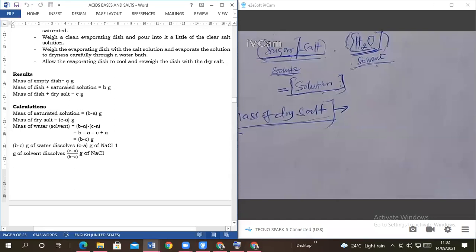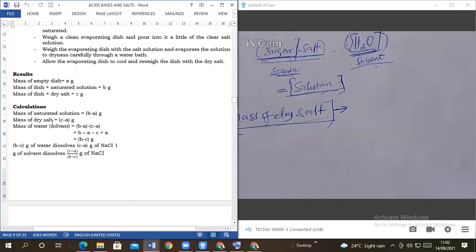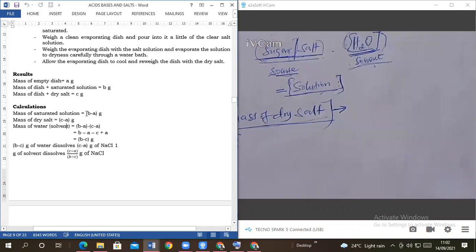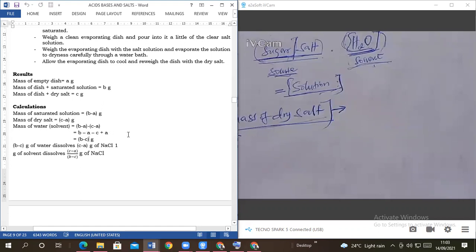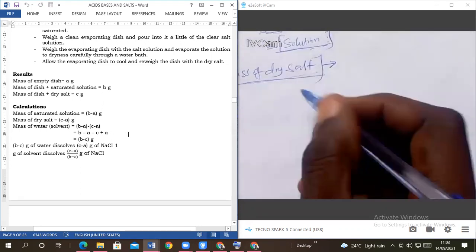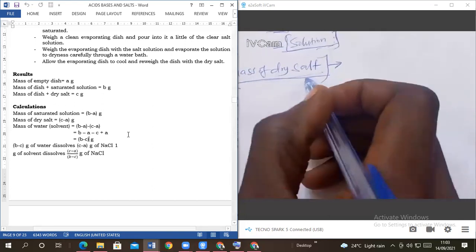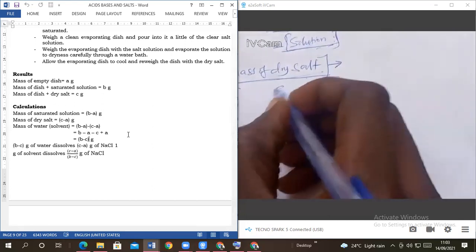From this saturated solution, we have the salt inside, and then we have the solvent also. So the mass of the water or solvent used will be B minus A, which was the mass of this, minus the mass of the dry salt that we got here. That gives us the mass of the water used. If you open these brackets, this is what happens. The mass of the dry salt is C minus A.